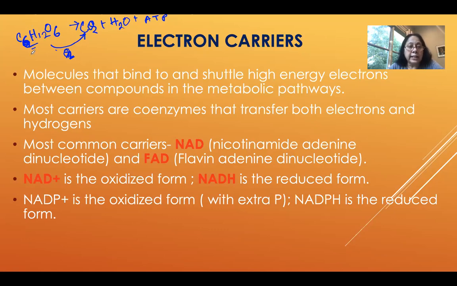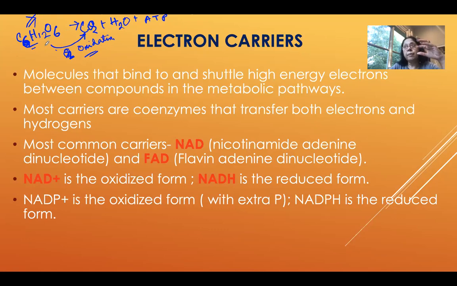So in this case, if you break down C6H12O6, the hydrogen is out and oxygen is in. So basically, we can say that this is the process of oxidation. When glucose is breaking down into carbon dioxide, that's the process of oxidation, because glucose is going to lose the hydrogen.